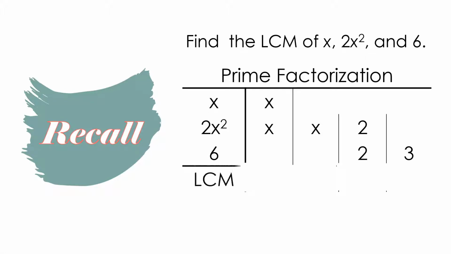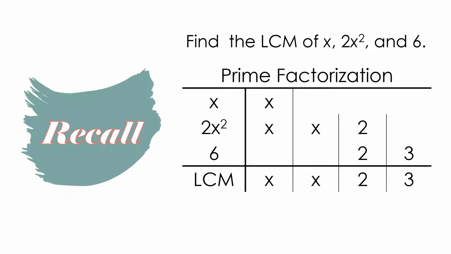Now let's try to find the LCM. To find the LCM of x, 2x squared, and 6, we just bring down the elements in every column. So we have x, another x, then we have 2, and we have 3.